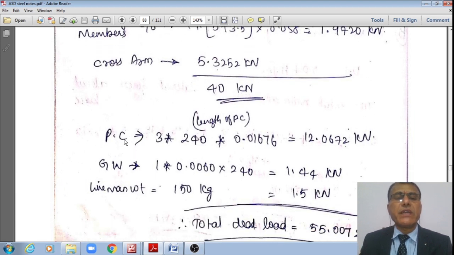However, what is the weight of the power conductor? I have three power conductors of each 240 meter length, and the intensity of the load is 16.76 Newton per meter. It now works out to 12.0672 kilonewton.